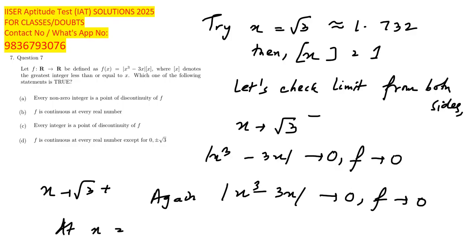So at x = √3, f equals 0 multiplied by 1, which is 0. So f is continuous at ±√3 and at 0. This is false.